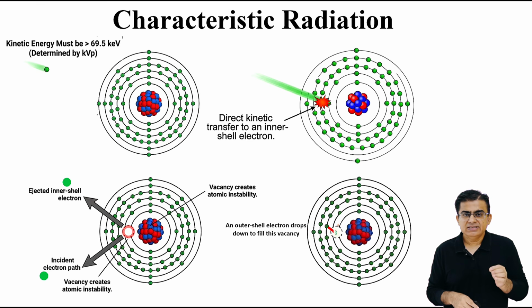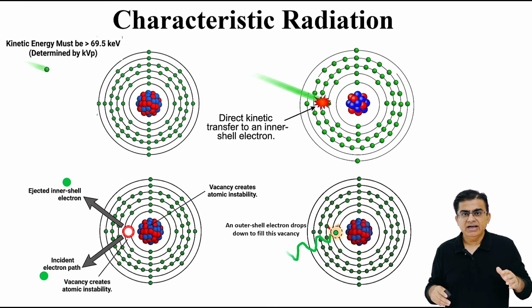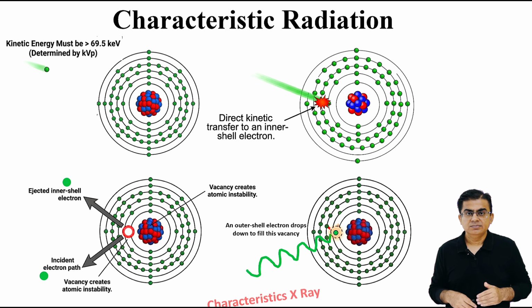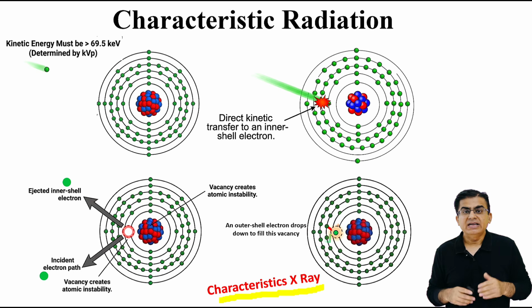In order to successfully stabilize the atom, this dropping electron must immediately shed its excess energy. Notice this excess energy bursting out of the atom as a bright green electromagnetic wave. This specific wave is our characteristic X-ray photon.